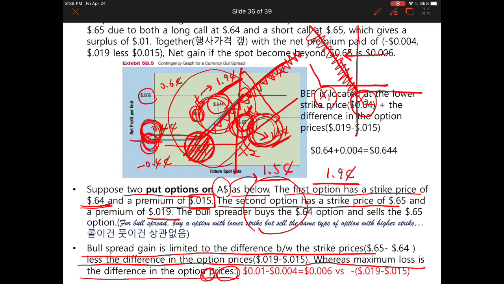That's what this one says. Maximum gain is limited to the difference between the strike prices, this is 1 cent, minus the difference in option price, right? So this is maximum gain. So it's less than 1 cent, because it is the difference between two strike prices minus the difference in option price. Maximum loss is limited to the difference in option prices, right? That's what it is.